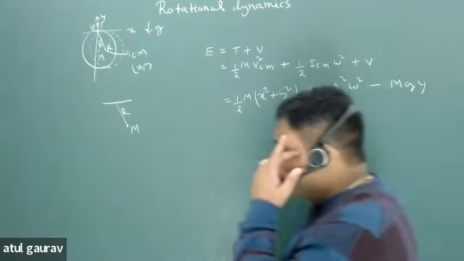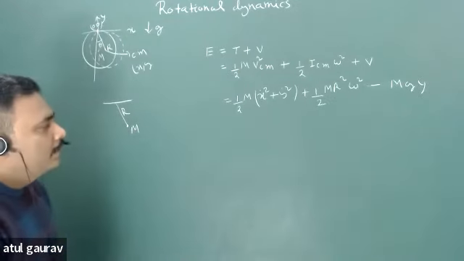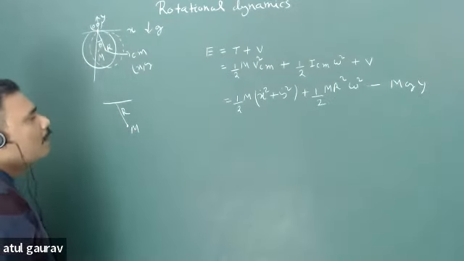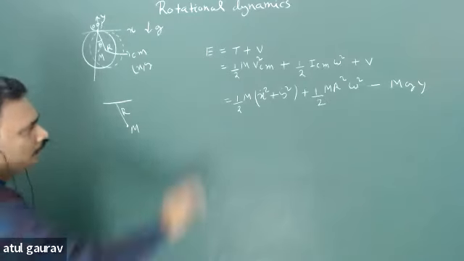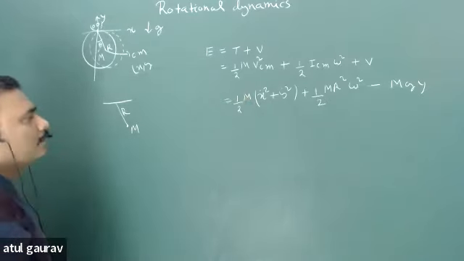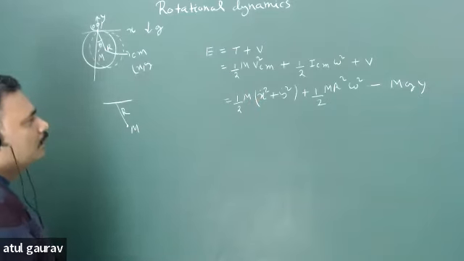Now, what is the equation of constraint here? One is obviously z equals 0, which we have already used. What is another equation of constraint? x minus 0 whole squared plus y minus 0 whole squared. Exactly.